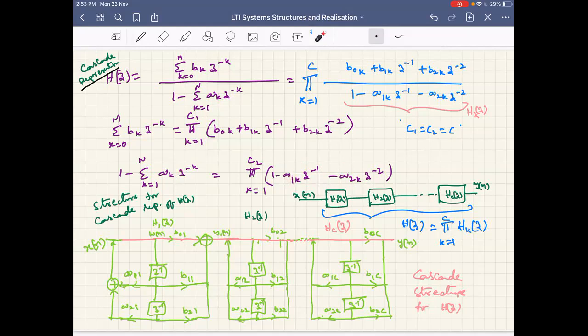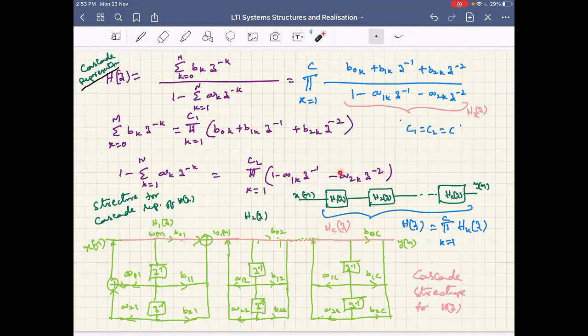See, for example, if I want to have a pole exactly less than 1, in this form I may not be able to enforce it. Whereas here I can easily relate this a_1k to the poles, and hence I can easily control the position of poles and then assess the position of poles.